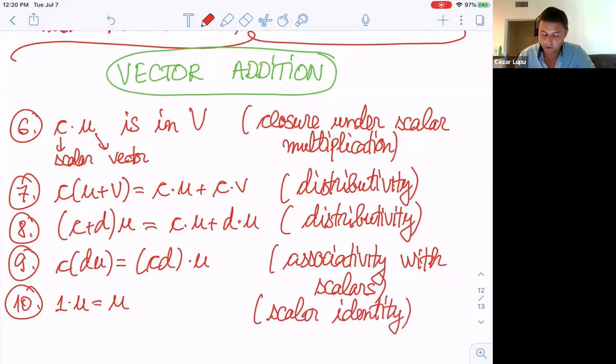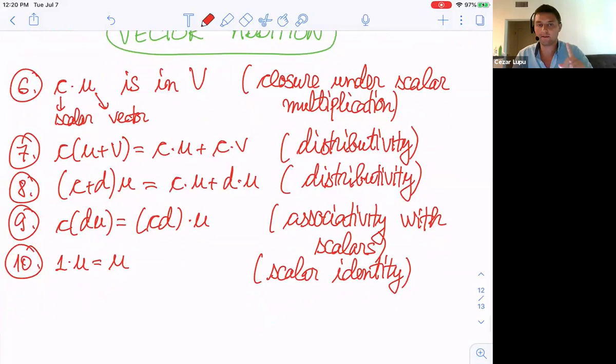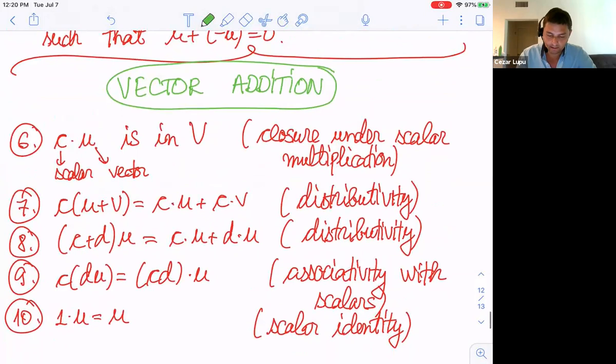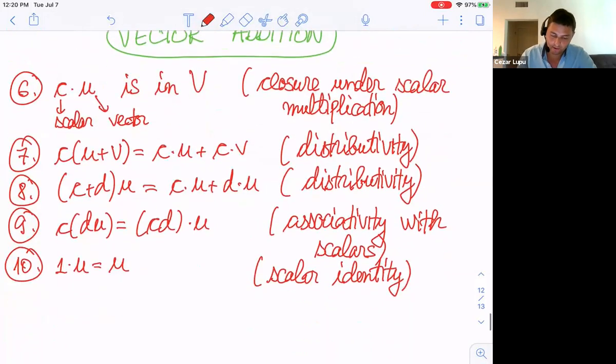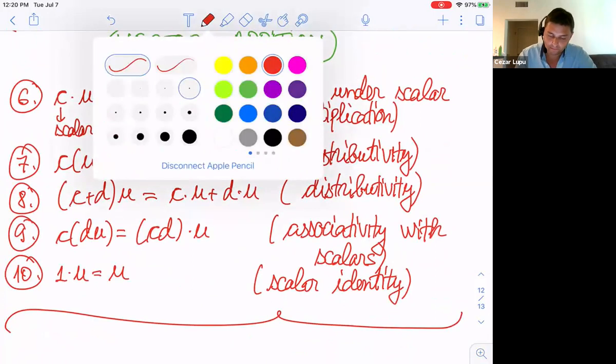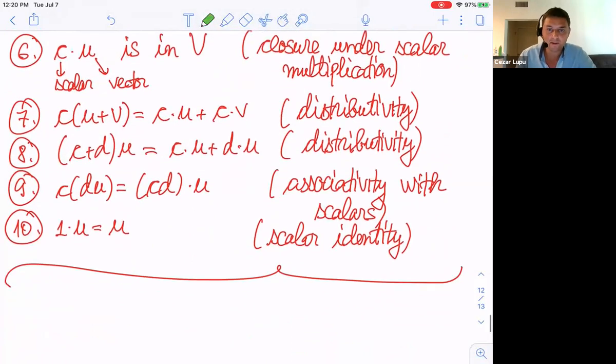This one here is a scalar. Pay attention, this is very important. It is not a vector. All right, so these are the axioms for what we call scalar multiplication.